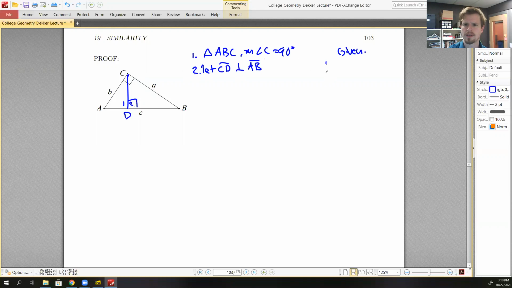We know that it exists by the perpendicular existence theorem. So with it being a perpendicular, the measure of angle 1 is equal to the measure of angle 2, which is 90 degrees by the definition of perpendicular lines.